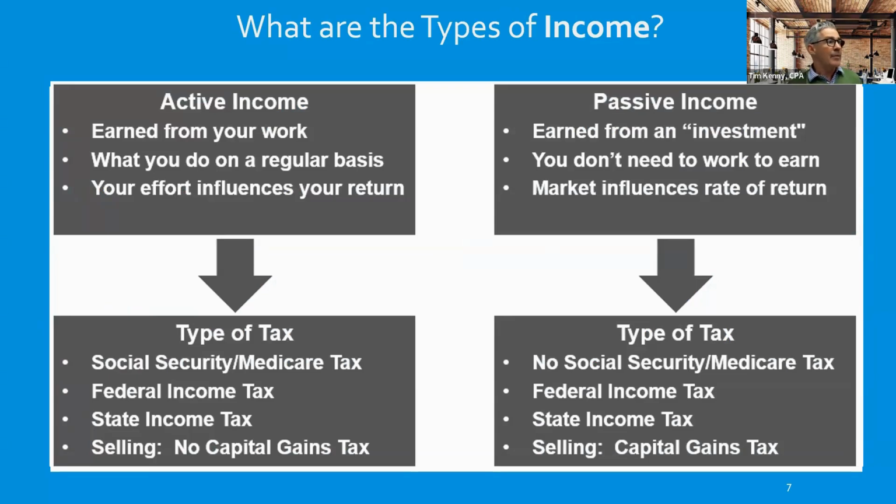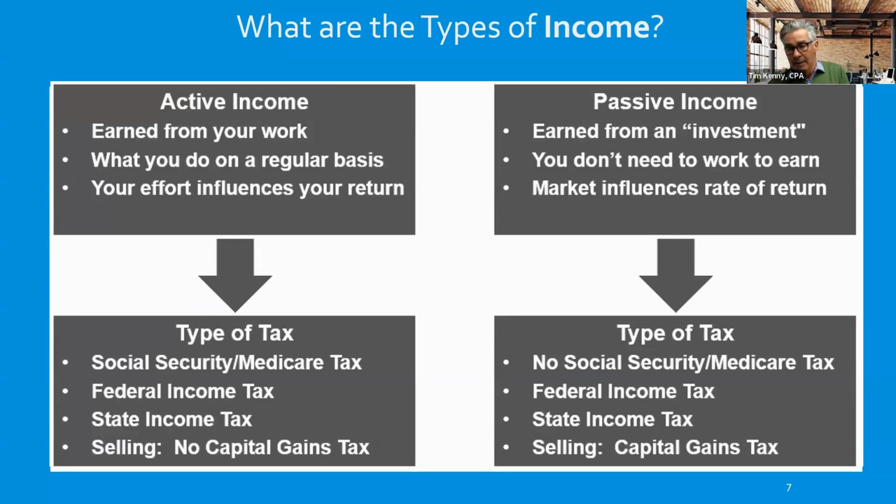This is income that is derived from essentially your job, whatever that is, and your efforts influence how much income you make or earn. The different types of tax that income is subject to include Social Security and Medicare tax, federal income tax, and state income tax. It, however, is not subject to capital gain tax.